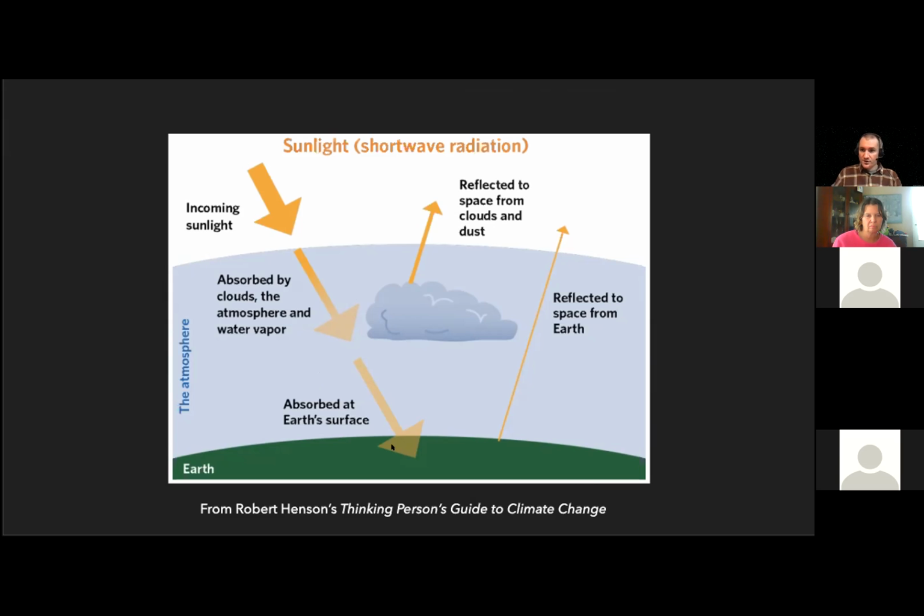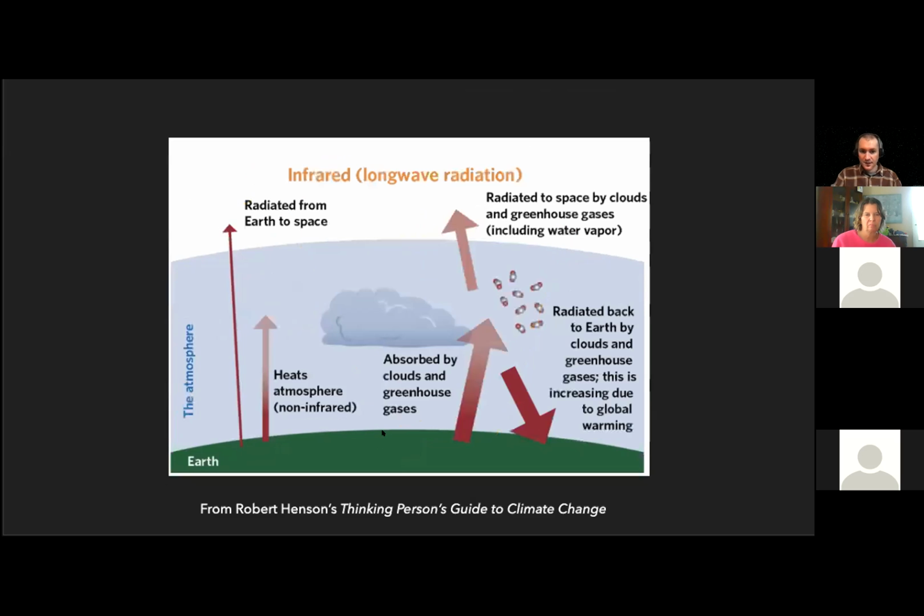Earth's surface and Earth's atmosphere are much, much cooler compared to the sun. So although it's mostly visible energy that's coming in, the energy that Earth's surface and Earth's lower atmosphere are going to be emitting is mostly infrared energy, which we're representing as red arrows in this case.